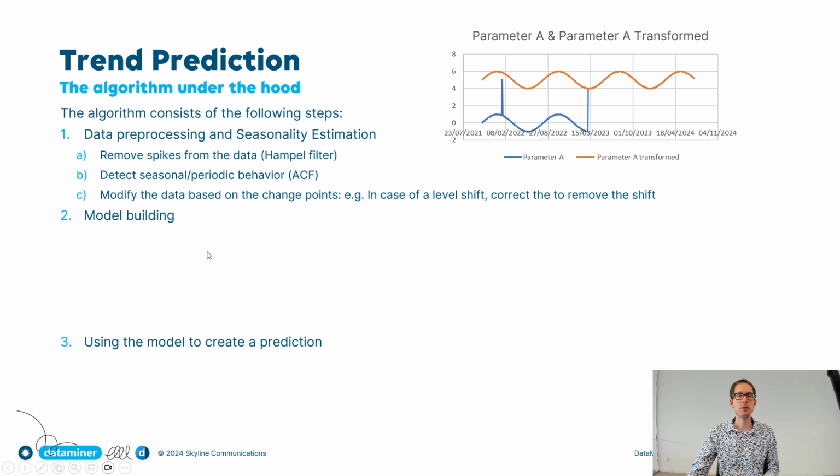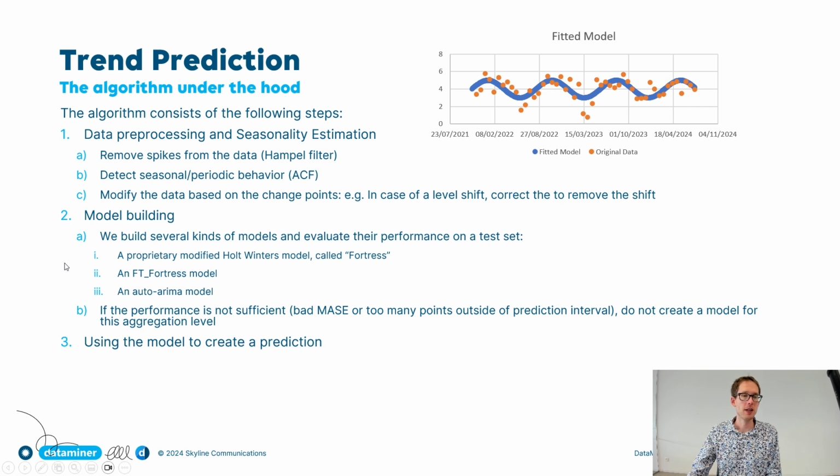Here, we're not going to try to build just one type of model. We're going to try to build 3 types of models. We call this an ensemble of models. And this is standard terminology. The first thing we do is build or try to fit a fortress model. You will not find this anywhere online as it is proprietary, but it is based on a Holt-Winters model.